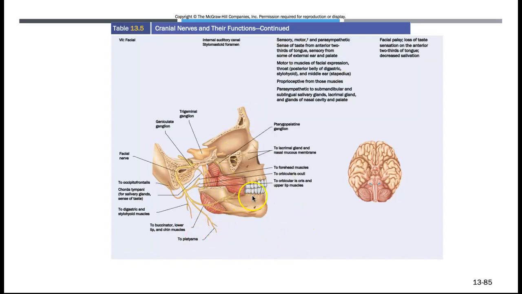We don't really have that illustrated here, but anterior 2/3 of the tongue, we are going to be able to have taste, and we also are going to innervate some of the muscles within the throat and the middle ear. Lastly, we will give parasympathetic innervation to the submandibular and sublingual salivary glands, our lacrimal gland for tears, and the glands within our nasal cavity and palate.